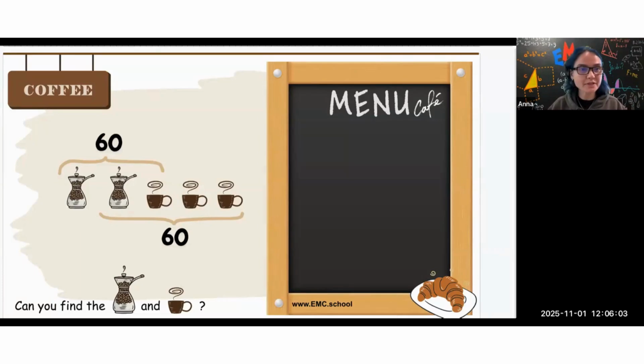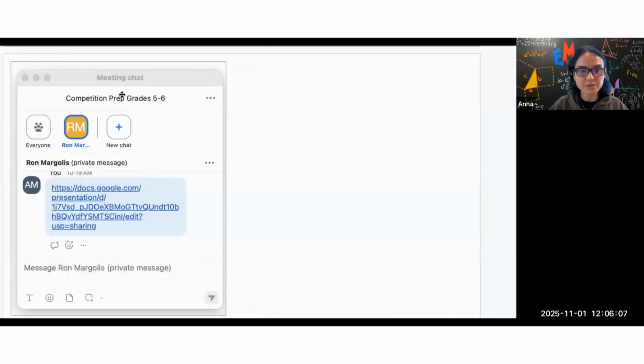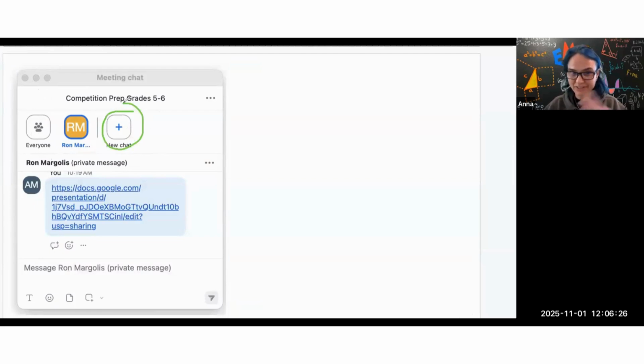Use the chat with Ron. Let me show you how chat in Zoom looks today. It's a new version, so you will have a chat where you can chat with everybody. That's just a picture of it. But to start a chat to someone, to Ron or to me, I won't always be looking in the chat because I'm focusing on switching the slides and looking at what we do next.